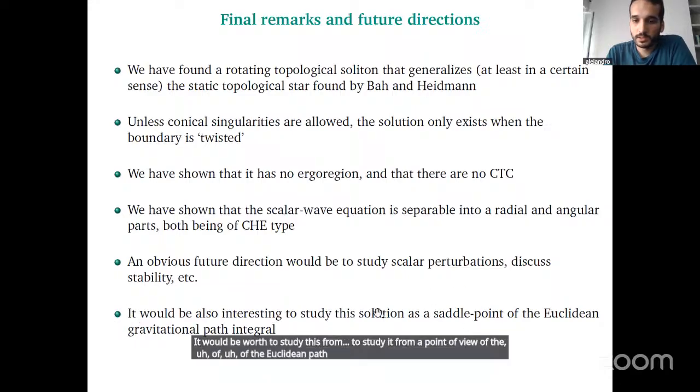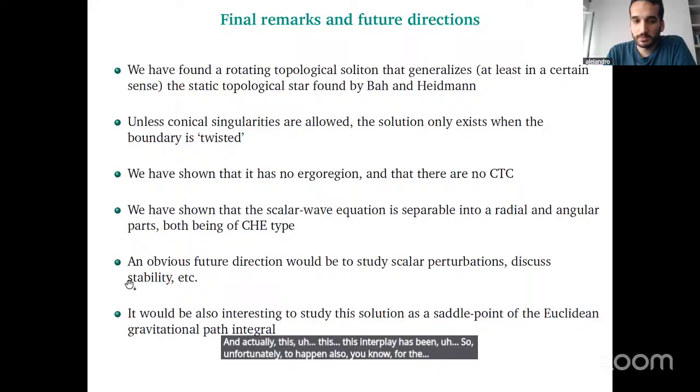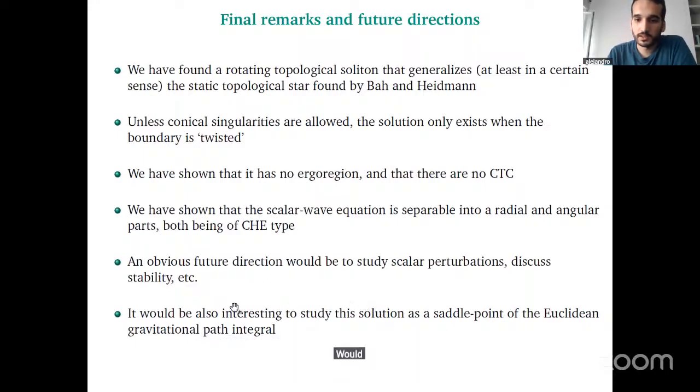I think it is a certain saddle point of the Euclidean gravitational path integral, and this interplay has been shown recently to happen even for the supersymmetric 5D microstate geometries. So they are closely related to the ones that account for the entropy of supersymmetric black holes. I think this would be an interesting thing to look at in the future.